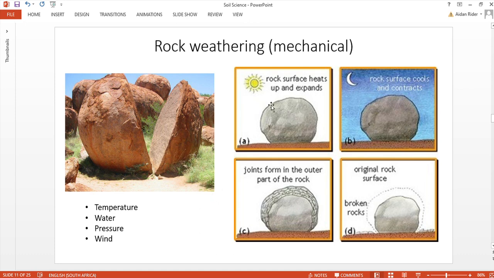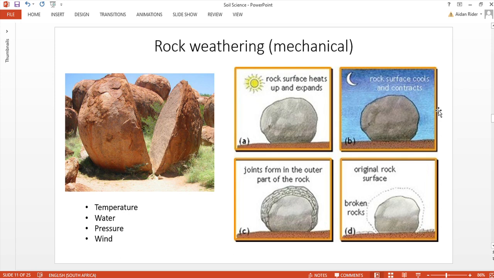So during the day, the surface of the rocks becomes heated up and very hot. And as you may know from physical sciences, anything that's heated up expands. And when things cool down, they contract. So when it heats up this rock, it expands, and during the night, the temperature goes down, and then this rock also contracts.